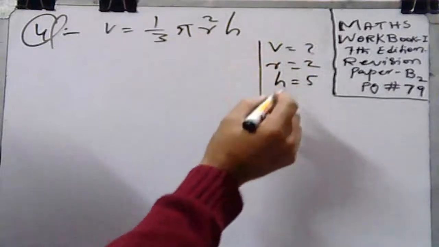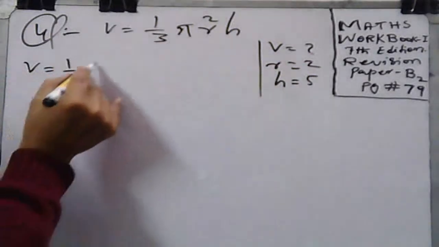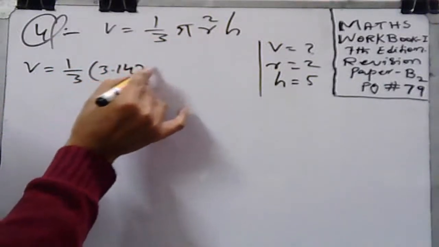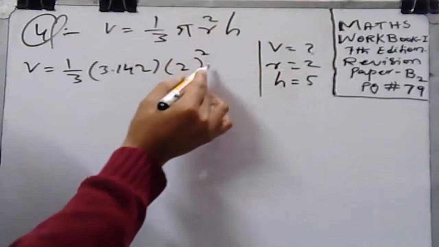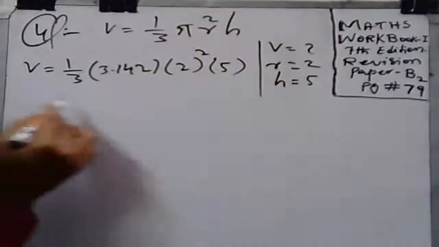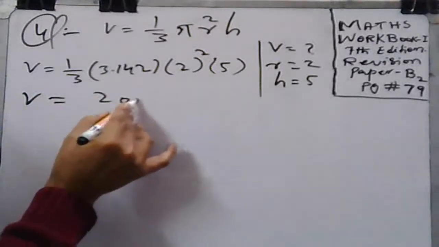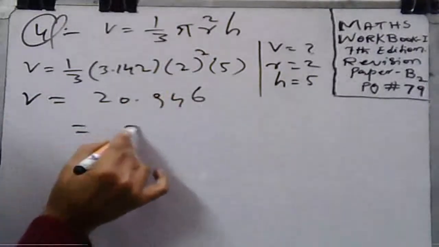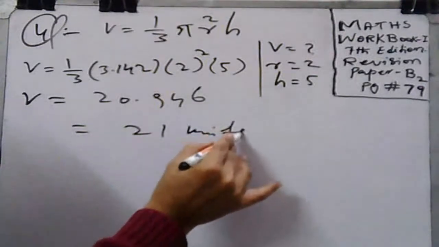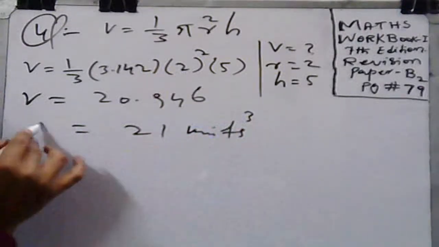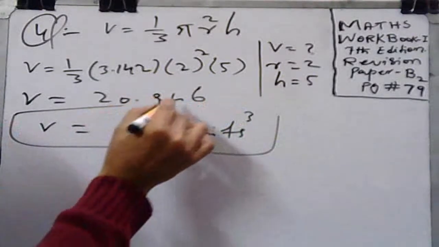Putting the values, volume is equal to 1 by 3, the value of pi is 3.142, and the r value is 2 having square, and the value of h is 5. So by using a calculator, multiplying, you will get 20.946, so it is equal to 21 units volume having cube. So that is your result. So this is 9.4.